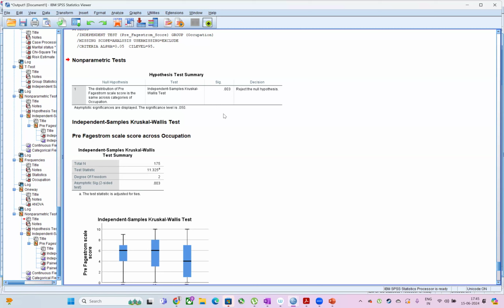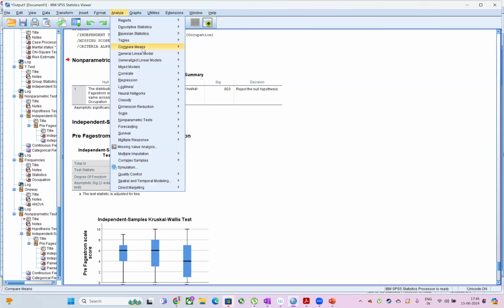Sir, again, to discuss the one-way ANOVA steps in SPSS. You want me to show again? Yes, sir. Analyze, compare means, you have the one-way ANOVA.